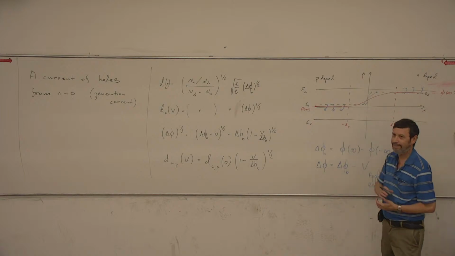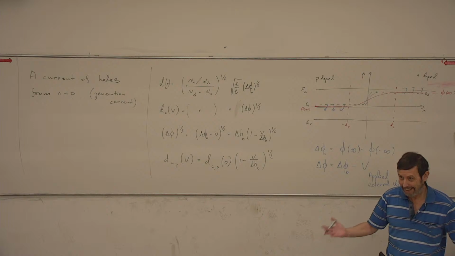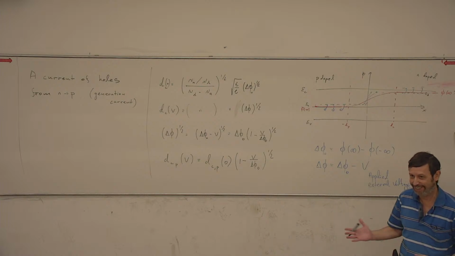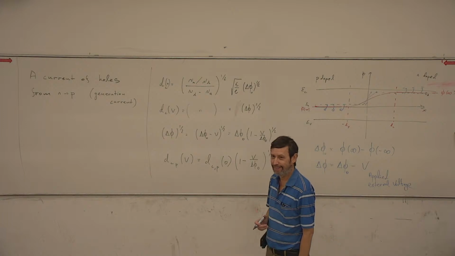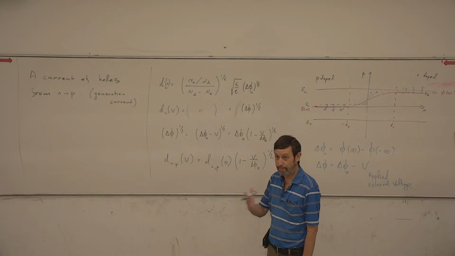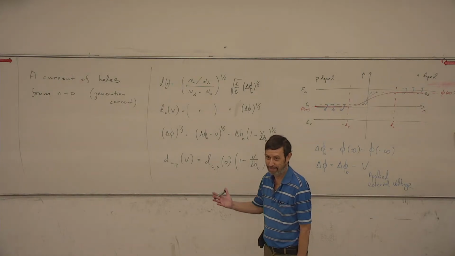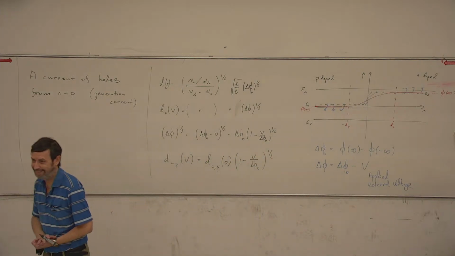The structure. NP junction. NP junction or PN junction. What's a transistor? It's two, like 3 junctions. Or 2. 2 junctions. But what is it called? NPN or PNP. NPN or PNP, depending on how you built it.